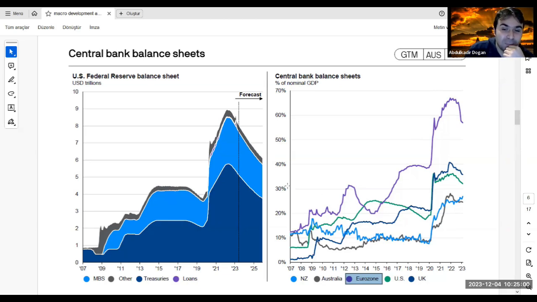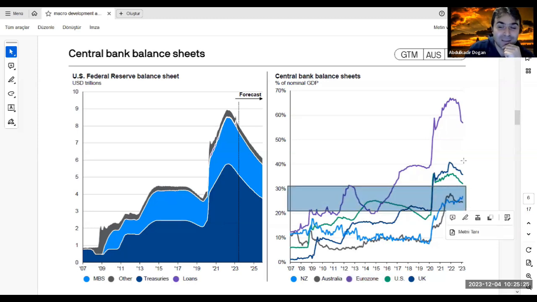Their balance sheets are just around 25% of their GDP. So inflation is a little more controllable in New Zealand and Australia compared to the rest of the world, because they didn't give huge cheap money to the market, and inflation did not go out of control for those economies.